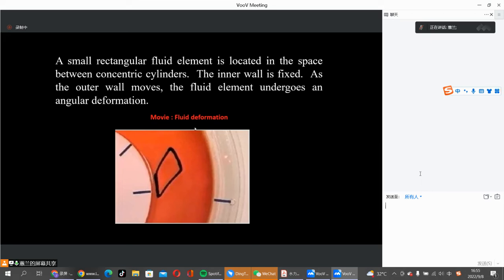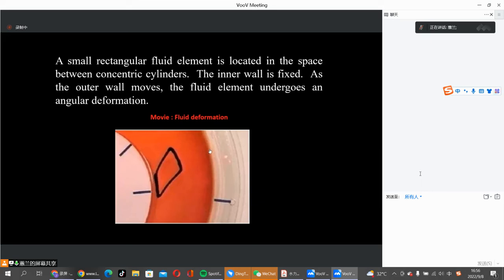You will see when the outer cylinder is rotating, we use a dye filament to show a small rectangular fluid element located in the space between these concentric cylinders. The inner wall is fixed, so according to the no-slip boundary condition, the fluid in contact with the inner wall also has zero velocity, right?